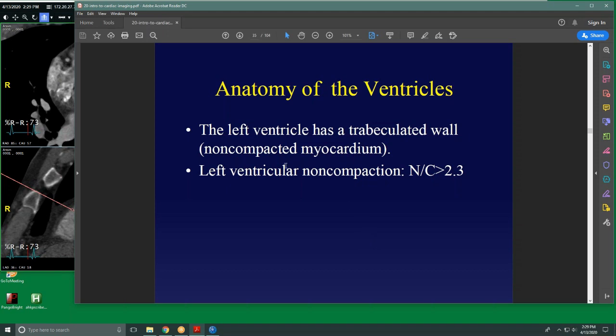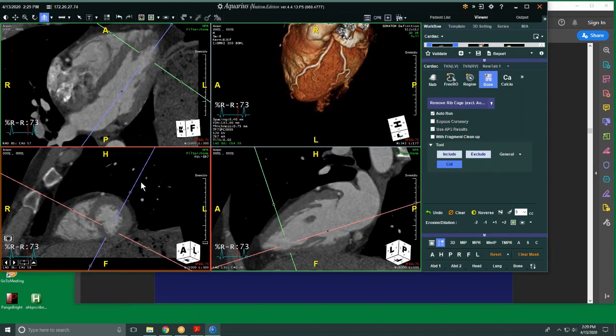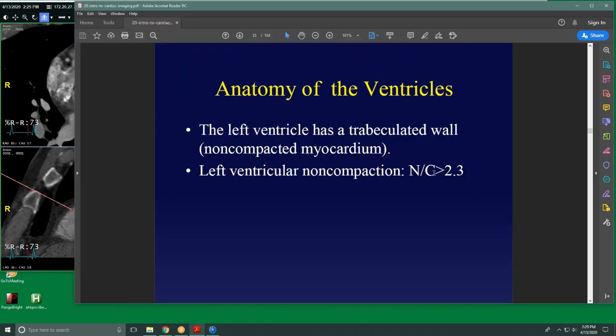So the left ventricle, one other thing is, every once in a while, the trabeculation of the left ventricular wall, see how you've got some non-compacted muscle here at the edges? That's normal. How much is too much? Well, if your non-compacted myocardium is greater than 2.3 times your compacted myocardium, that's called cardiac non-compaction.